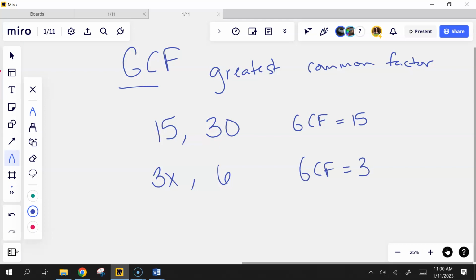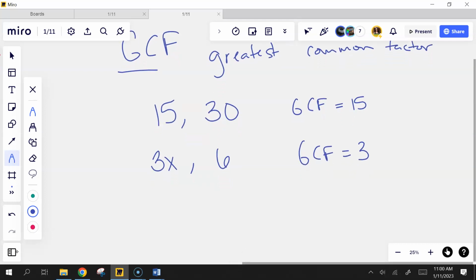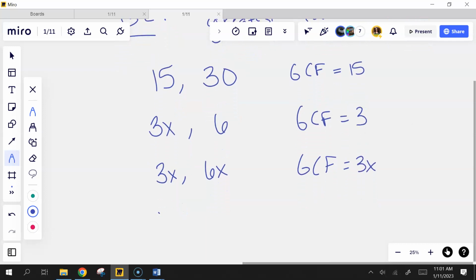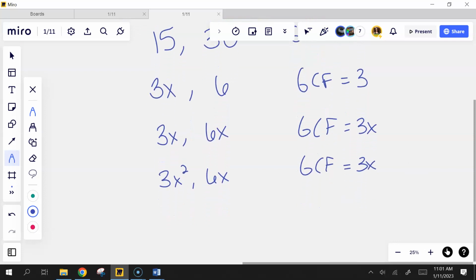I can still divide them by 3. 3x. Still 3x. Still 3. What does x squared mean? 2 x's. So I can still divide it by 1, so it's still 3x.